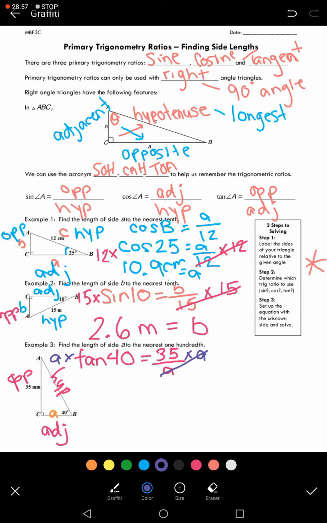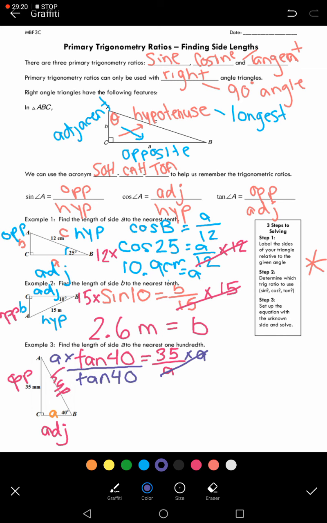Again, we need to get A all by itself. Now it's on my left-hand side, so we use opposite operations. If I have anything times anything else, the opposite of multiplication is division. So I need to divide by tan 40.